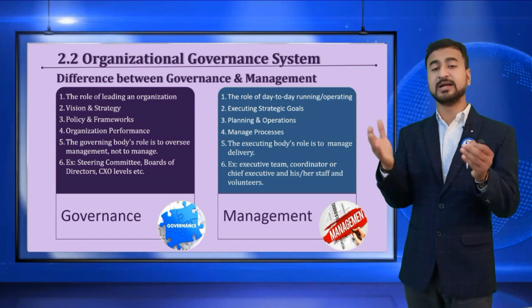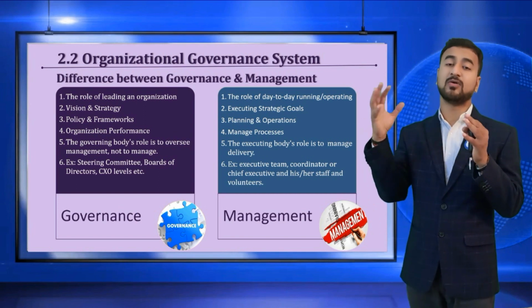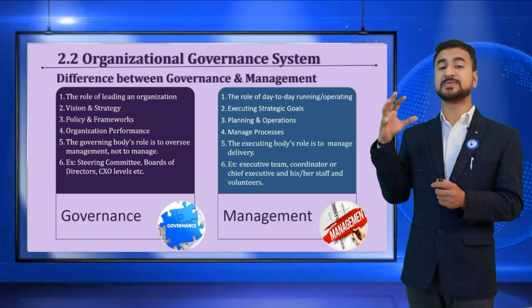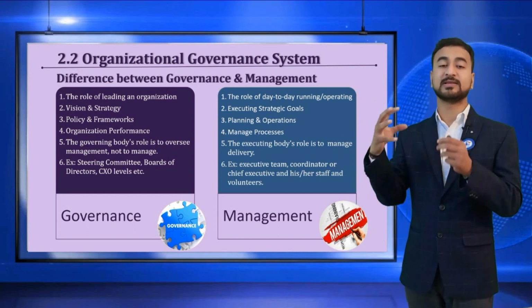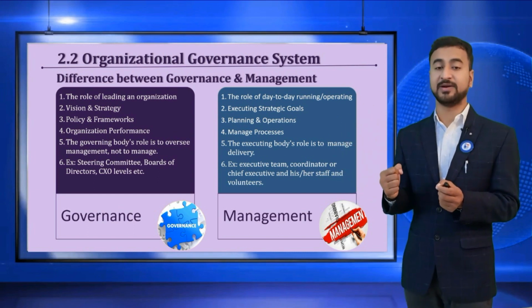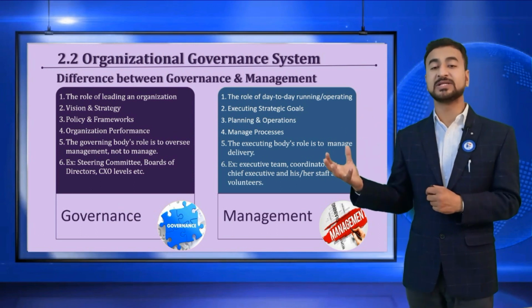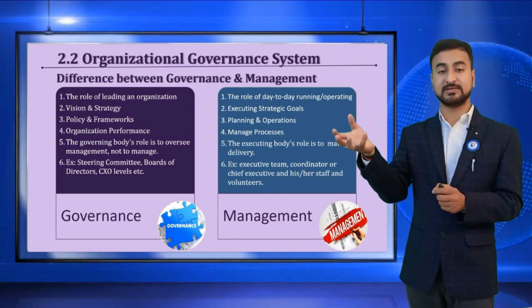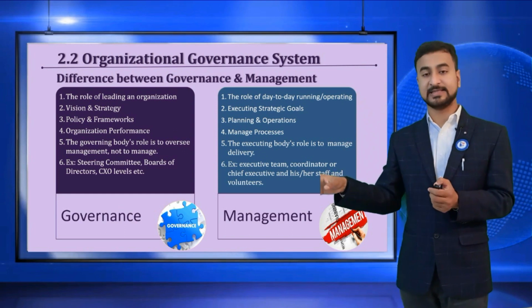It is not a clear-cut bifurcation between governance and management, but at a very high level, governance is not involved in all the small issues. If they are involved, you are wasting their time and energy. They are focusing on more strategic and policy-level thinking, while management is involved in both. They are governing with the authority defined by the governing body, and they are managing things as well.